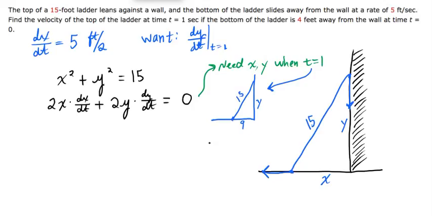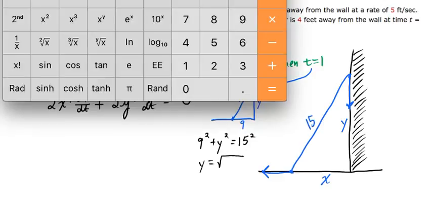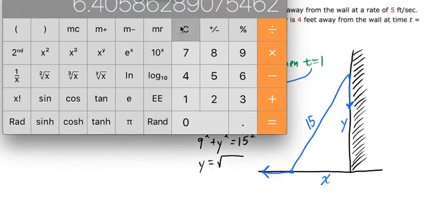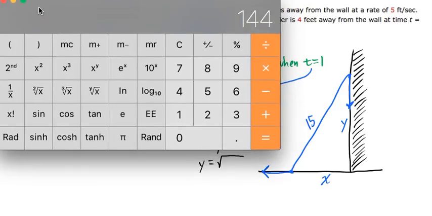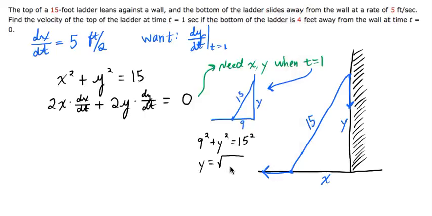Again, we can use the Pythagorean theorem: 9 squared plus y squared equals 15 squared. So y is equal to the square root of 15 squared minus 81 for 9 squared, which comes to 144, a nice perfect square. So y is equal to 12 at that moment.